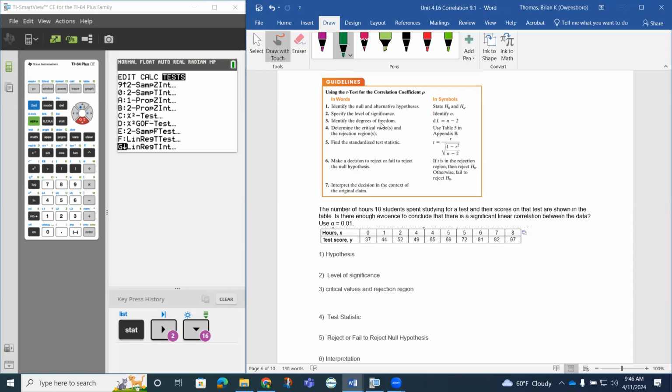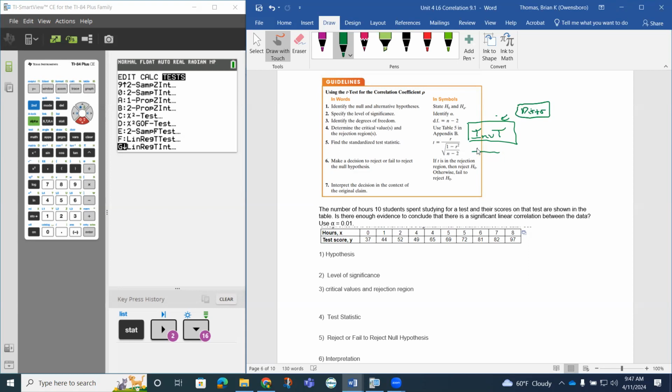We're going to identify the degrees of freedom, which is going to be n-2. We're going to determine the critical values from a table. So we can use the t distribution table, or we can also use inverse t. Remember, that's in the distribution area on the calculator as well.